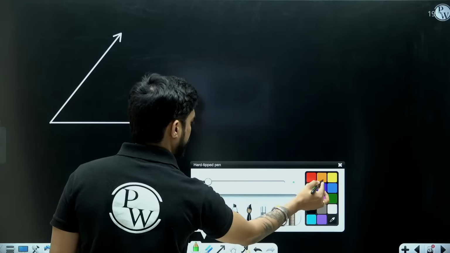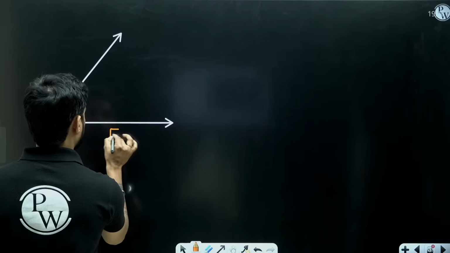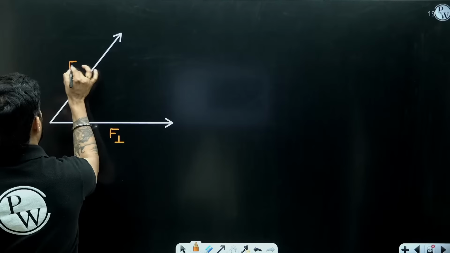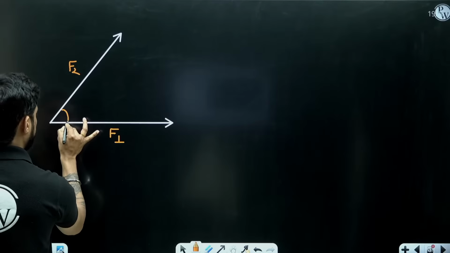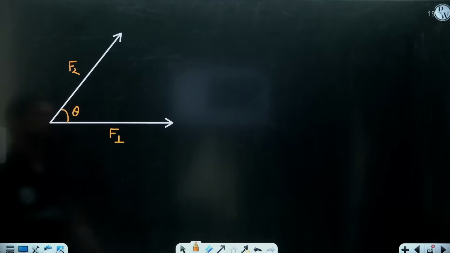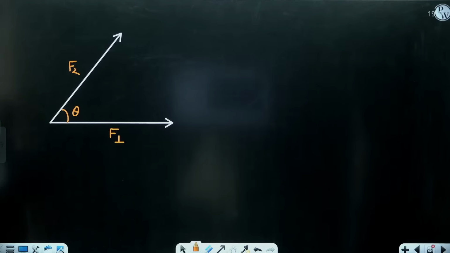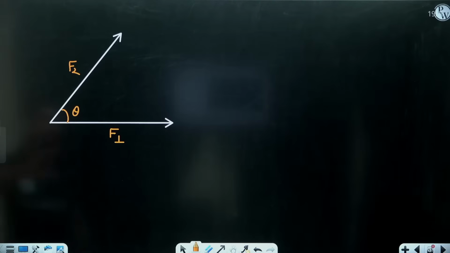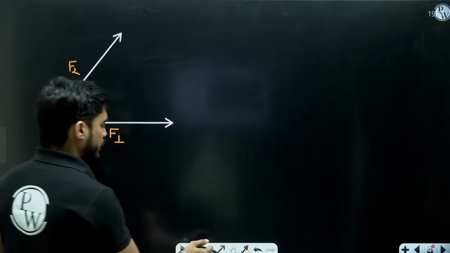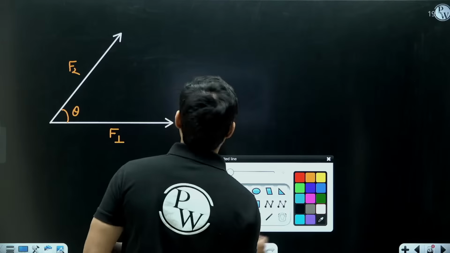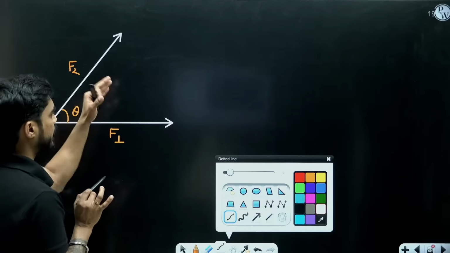Let's say this is F1 and this is F2. There is an angle between them. Let's call this angle theta. So according to parallelogram law, if I represent F1 and F2 as two sides of a parallelogram, then the diagonal of that parallelogram will be their resultant.